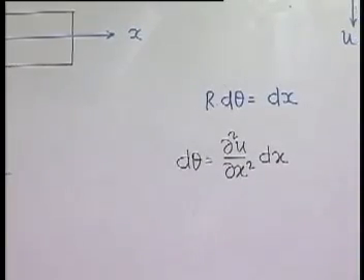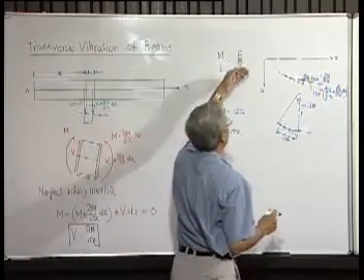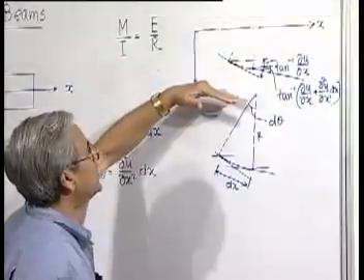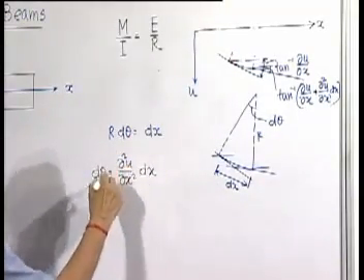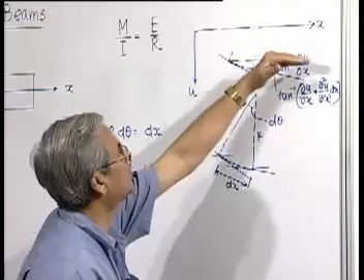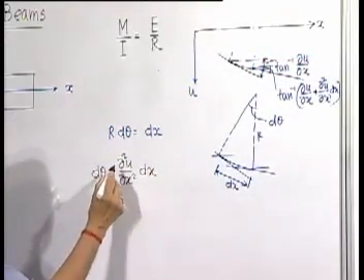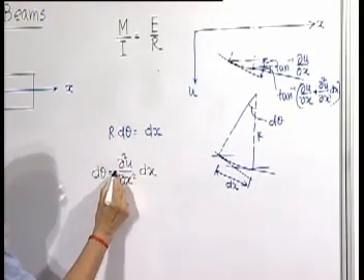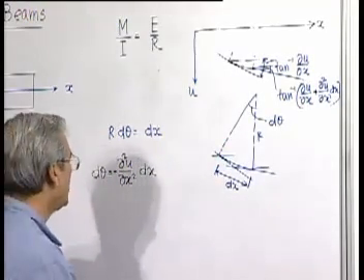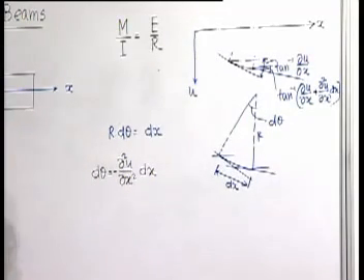The only thing we have to keep in mind is that as x is increasing, slope is decreasing. So, this is definitely a negative quantity, because when you go to increasing x, del u del x decreases. Therefore, del 2u del x square must be a negative quantity. Finally, we keep that here.